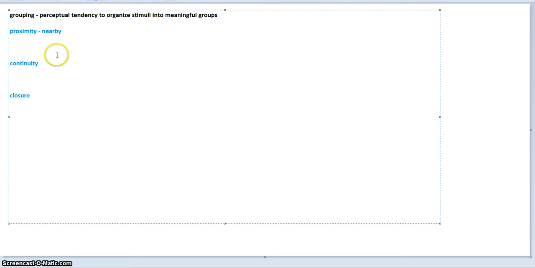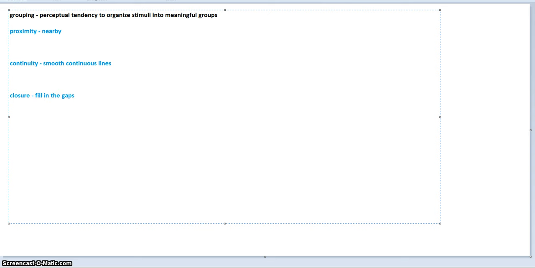Actually, I'll define all 3 and then I'll do the examples. That'll be slightly easier. Continuity says that we like to see smooth, continuous lines. We don't like discontinuous things. And finally, closure says we like to fill in the gaps for things.